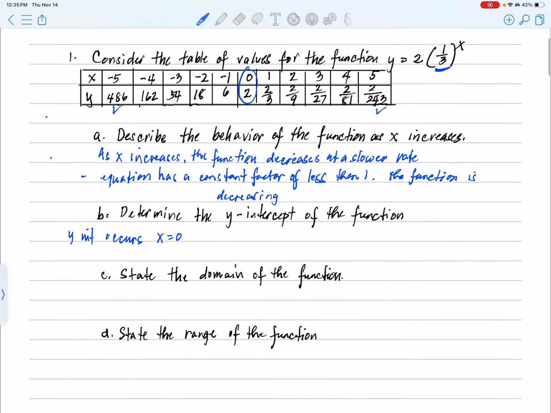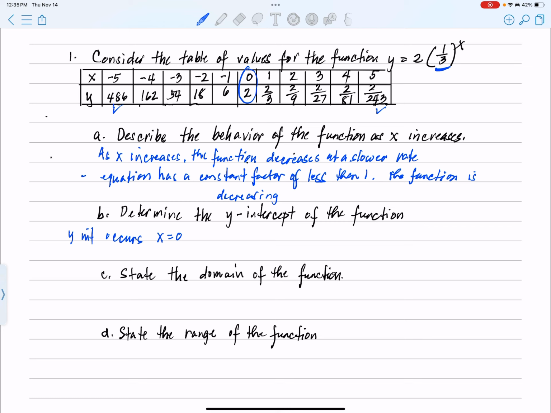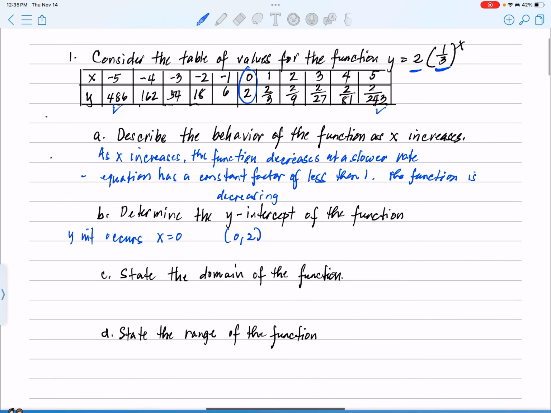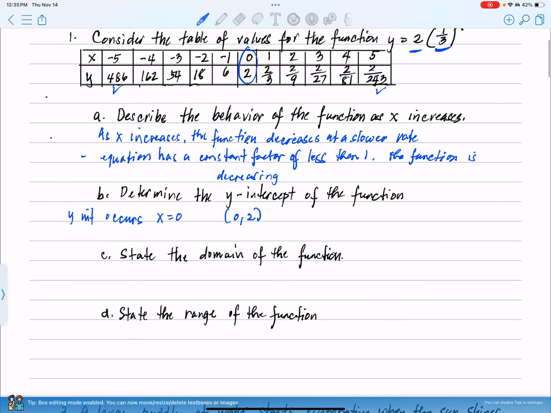That means the y-intercept of the function is at (0, 2). We can see that the equation has the leading coefficient of 2 right there. This value of the y-intercept is the result of substituting x equals 0 into the equation.